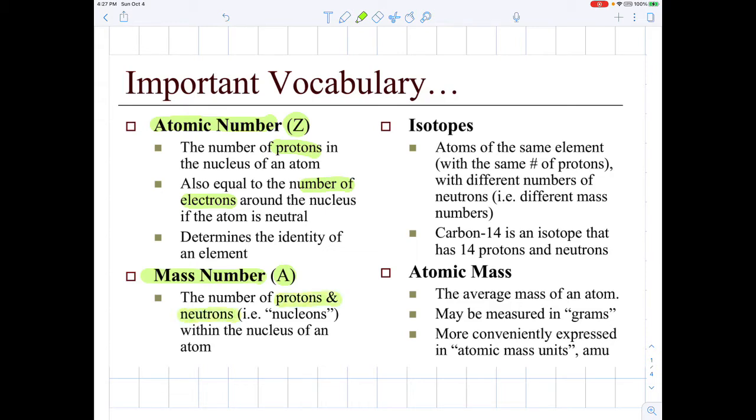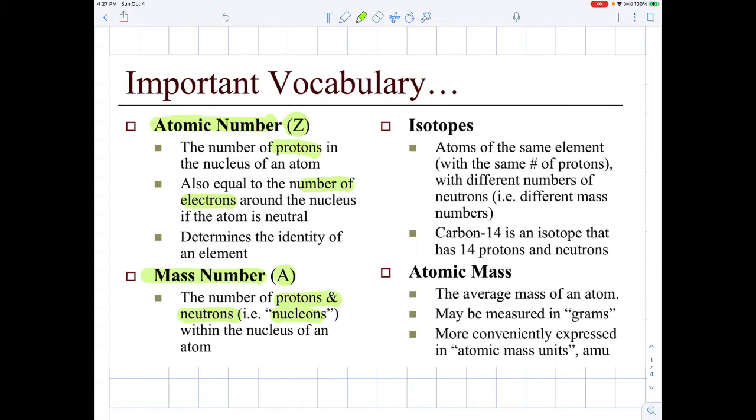The second important term is mass number, which is given the symbol capital A. And this one is defined as the number of protons and neutrons in the nucleus. Now, those are the only particles in the nucleus, and they're sometimes referred to together as nucleons. So you could say the number of nucleons in the nucleus of an atom, but most people would say the number of protons and neutrons together.